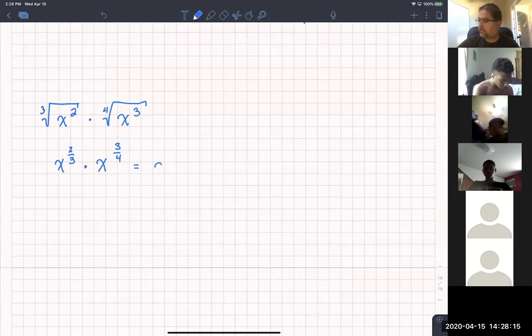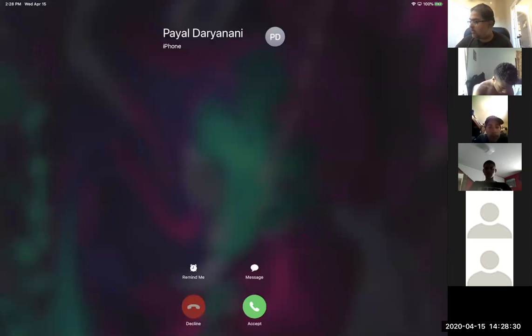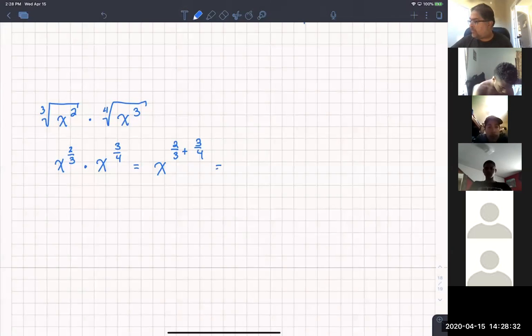So when we multiply, what do we do with the exponents? You combine them. You add them, right? So when you add them, what do you get? So you have to find a common denominator, which is 12.